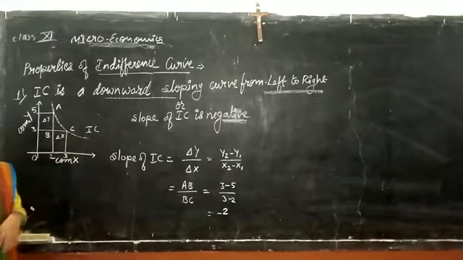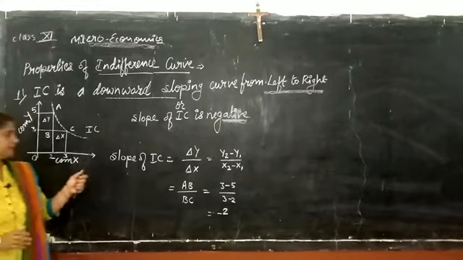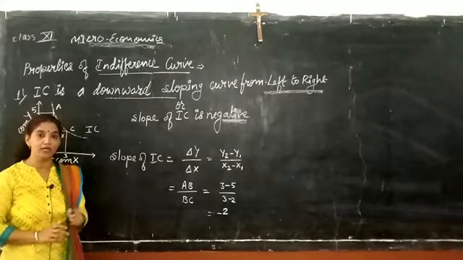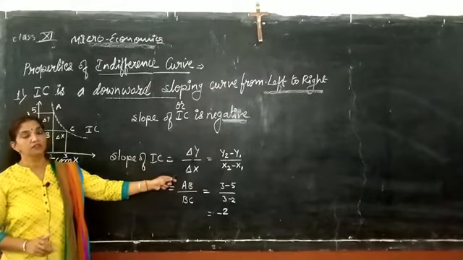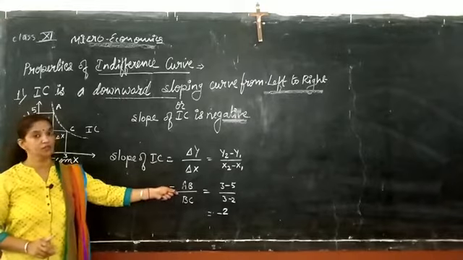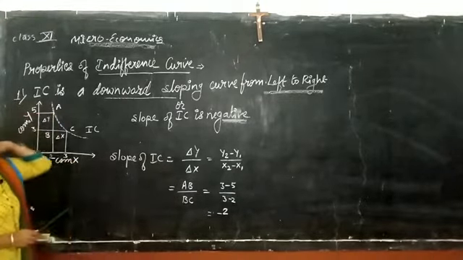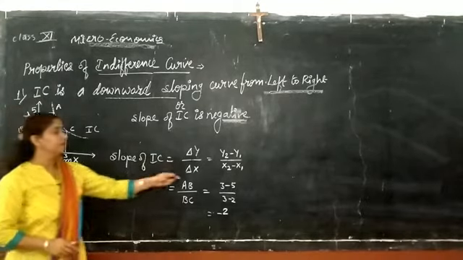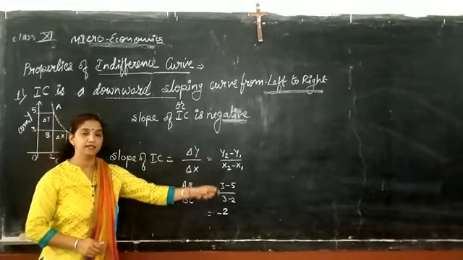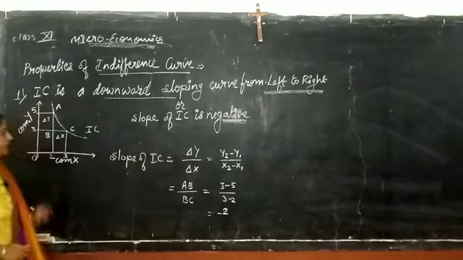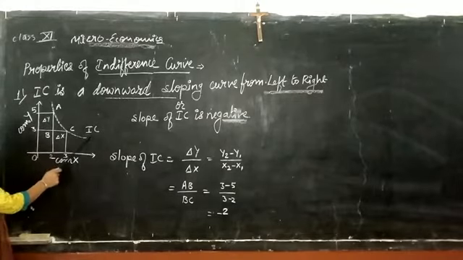Remember we discussed that the slope of IC can be calculated by change in Y, the change in consumption of Y, divided by change in consumption of X. We calculate the change as Y2 minus Y1 divided by X2 minus X1. In this graph, assume it is our indifference curve.